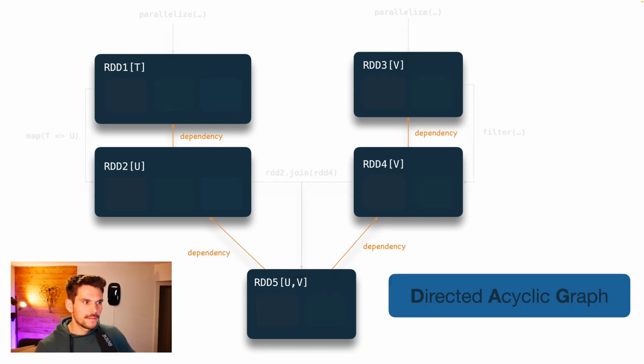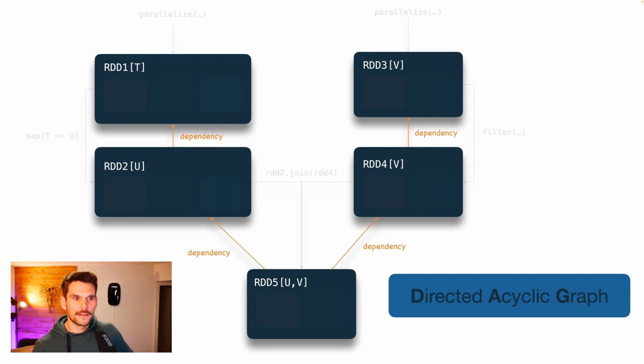And what we can see if we focus only on the RDDs here, and their dependencies pointing to their parents, is that we are creating a graph. And this graph is directed because the edges from the child RDD are directed to the parent RDDs.